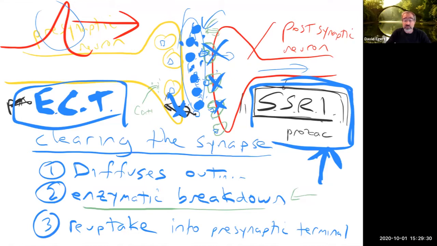Ketamine, which is a dissociative anesthetic, people also use at lower doses to go out dancing even. But it seems to have a more immediate antidepressant effect. But the classic SSRIs and antidepressants tend to take a few weeks before they kick in.